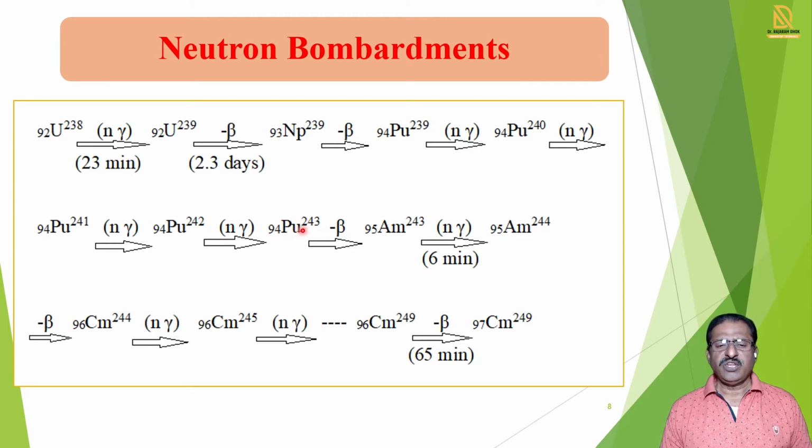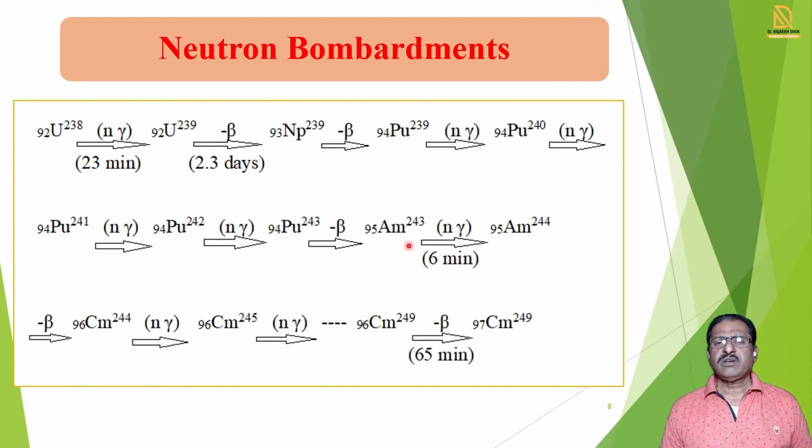Now this plutonium 243 is unstable because the neutron to proton ratio increases, and because of that it eliminates one beta particle. By elimination of one beta particle, it forms the next element, atomic number 95, that is americium 243. Now this Am 95 243 is stable.